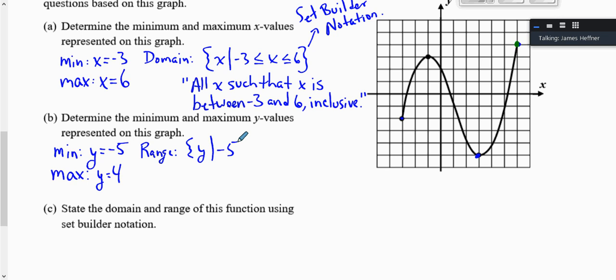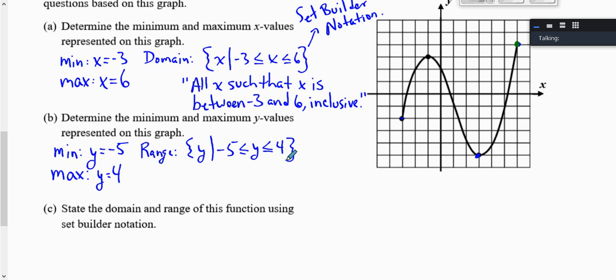Well, I'm not going to write words in between. I'm going to use the notation I did up there. So -5 less than or equal to Y less than or equal to 4. Okay? So that's how we would write the range for this.